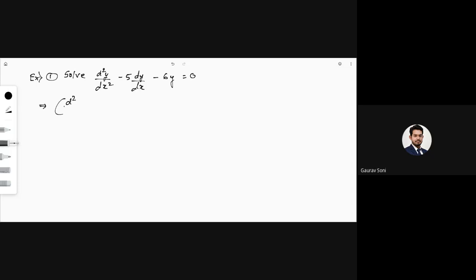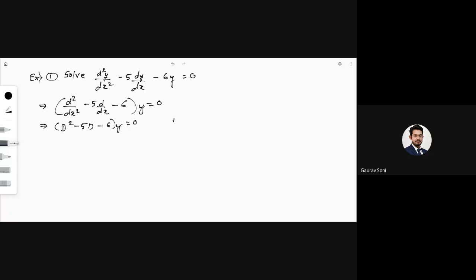So (d²/dx² minus 5 d/dx minus 6) y equals 0. I shouldn't use the word common, but I will, since it is better for understanding. Once we do this, write d/dx as capital D. So this will be (D² minus 5D minus 6) y equals 0.